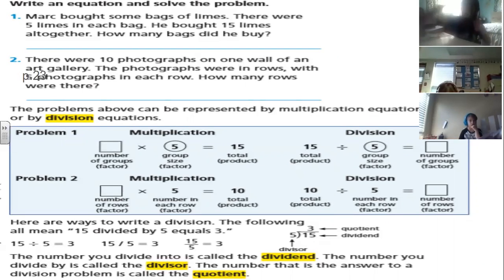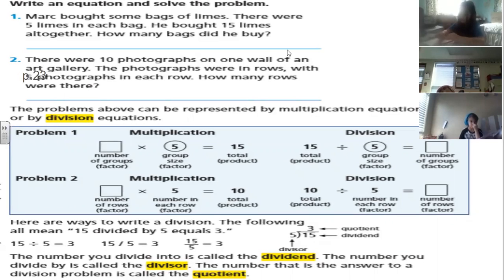So we said how we would be solving division problems with an unknown factor. This one's going to give you all the information you need except the number of groups. We'll see how multiplication can help us with this. Mark bought some bags of limes. There were 5 limes in each bag.